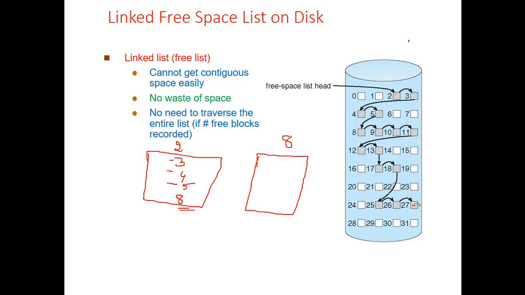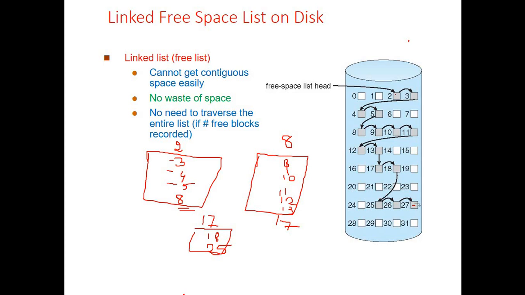So the contents of block number 8 in the grouping method are the addresses of free blocks 9, 10, 11, 12, 13 and 17. 17 is the last block in block number 8. Coming to 17, it will have the addresses 18 and 25. So this is the grouping method for holding the addresses of the free blocks.